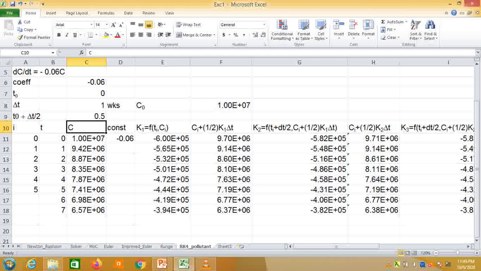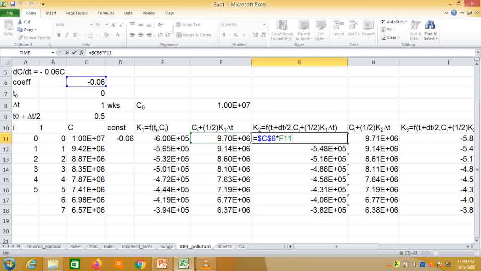So the value of K2 is essentially this computed value of C at halfway between 0 and delta T and at a concentration of C0 plus half K1 delta T. Using that concentration times that coefficient, it shall give you this value of K2.